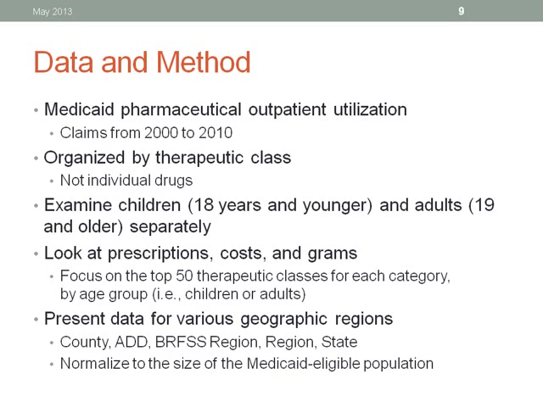Since we're normalizing it to the size of the Medicaid eligible population, you can compare those numbers. Now, I use a clumsy title, per Medicaid 1,000 person-years. Just think of it in terms of a per capita distinction.